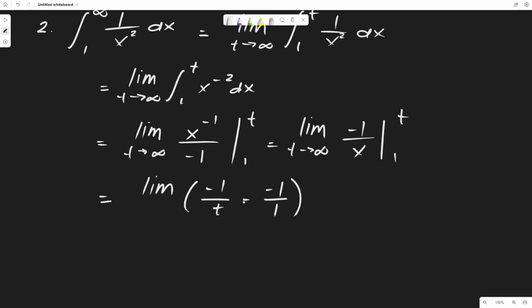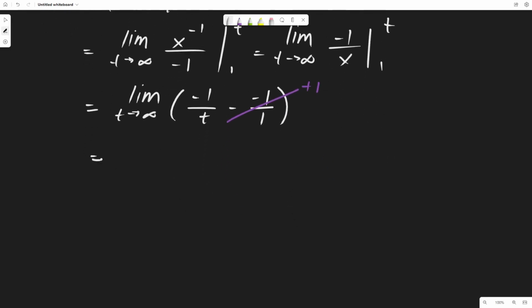So, negative times negative is positive. So, this will give us positive 1. So we have the limit of -1 over t plus 1 as t approaches infinity. Okay, so game.